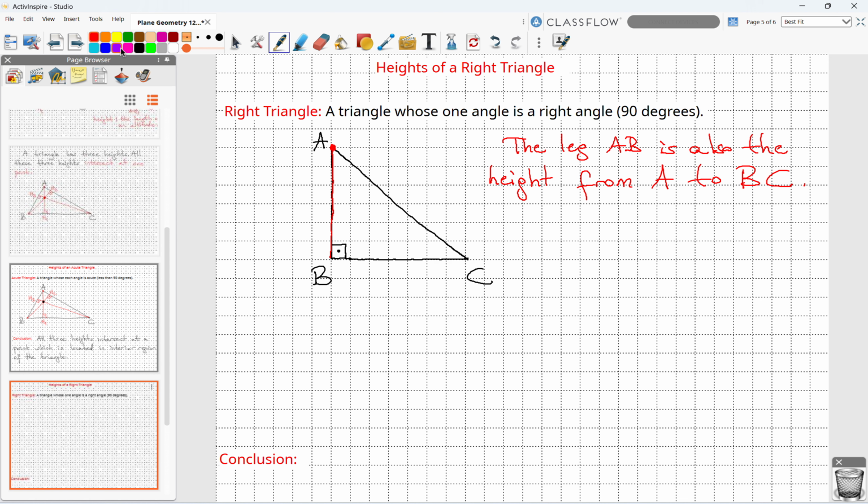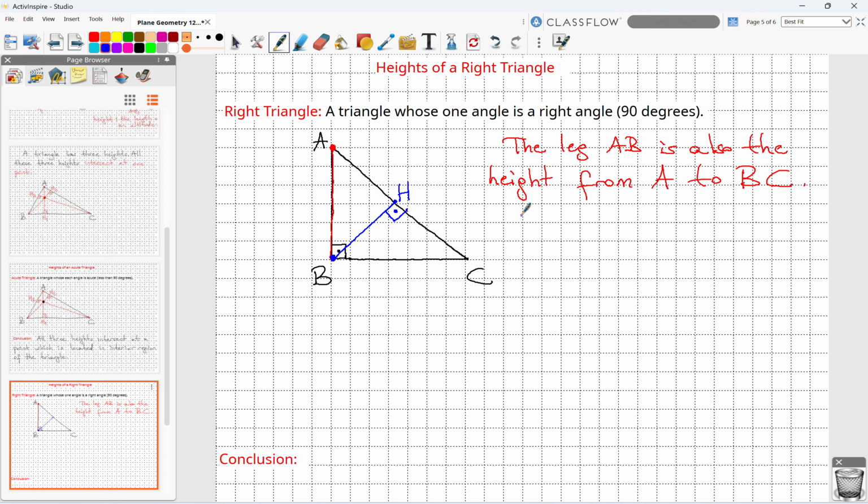What about the height drawn from vertex B to the opposite side? That's the hypotenuse of our right triangle. Let me use a different color for this one. So that height is here. Let me use H for this point.